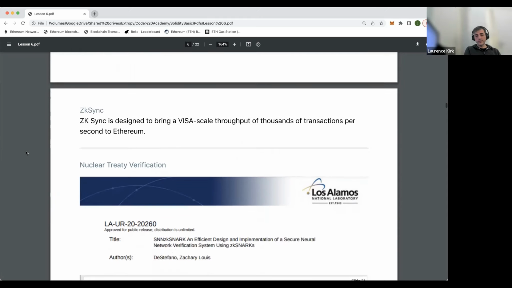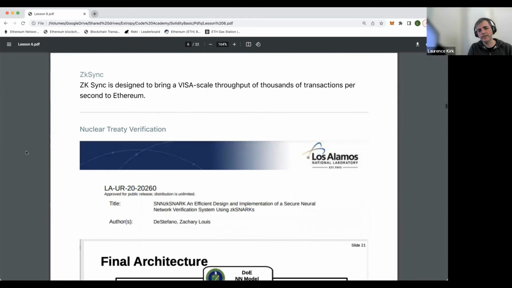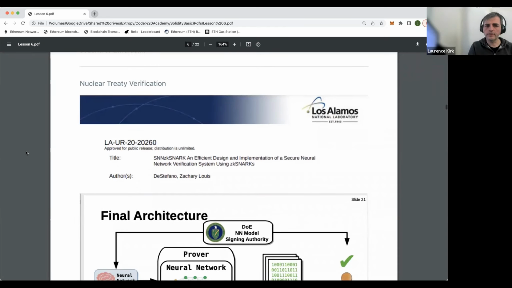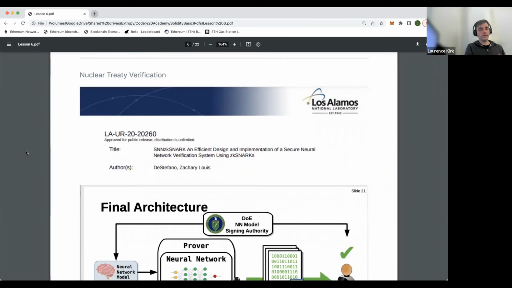But another one that I find absolutely fascinating, where they have been used as well, is around nuclear weapons and the treaties around those. And I got these details from some slides from Los Alamos Laboratory in the US. And I think this was actually shown in Nature magazine as well.